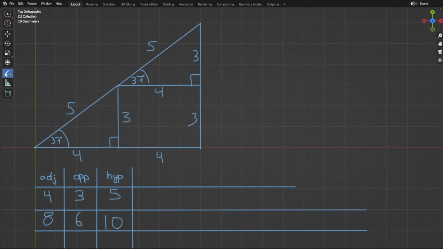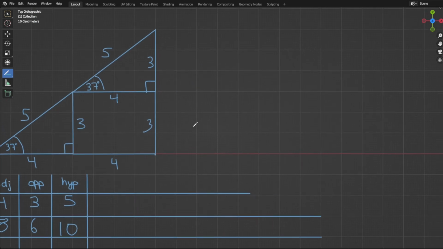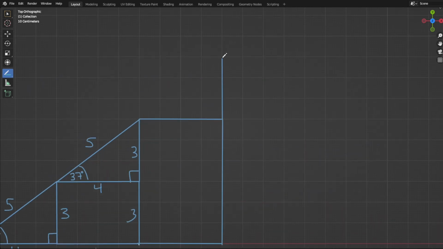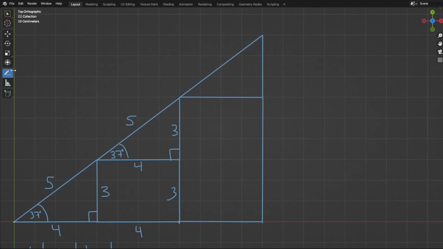Well, let's repeat this process. This time, we'll go over 4 again, and this time we'll go up 6. We'll go over 4 again, then we'll go up 3, and then we'll come down here again. And we'll notice it's the same triangle we have.